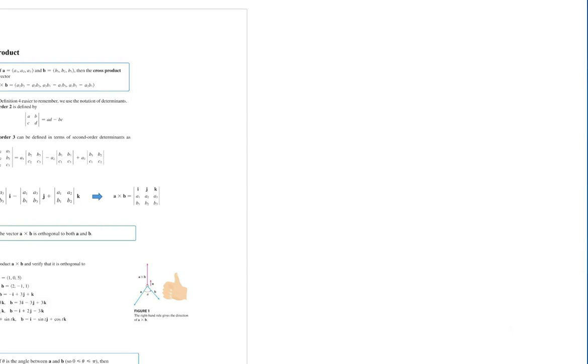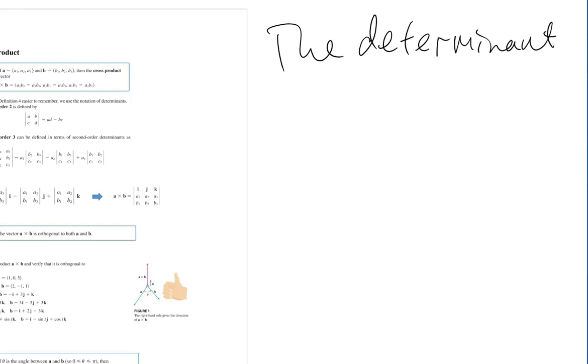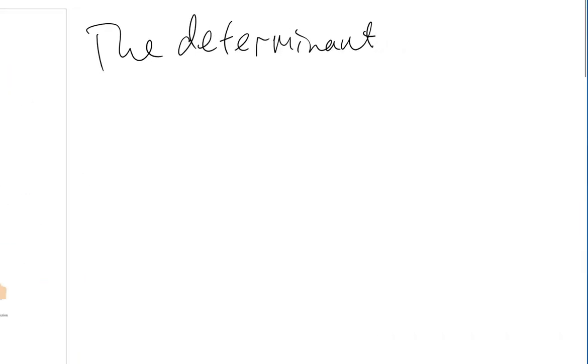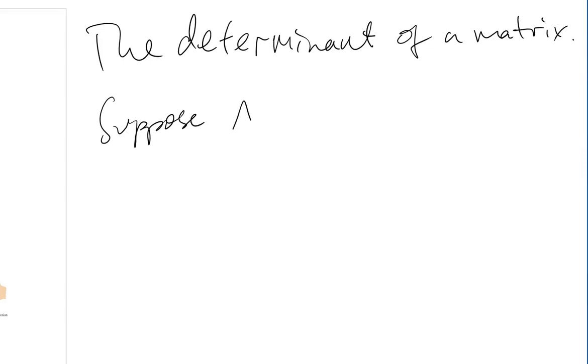So like I said, we need to find the determinant of a matrix. This will help us out a lot. If you haven't seen this before, you should have seen it in pre-calc, so I'm going to go through this pretty quickly. Suppose you have a matrix A, and it's given by a, b, c, d.